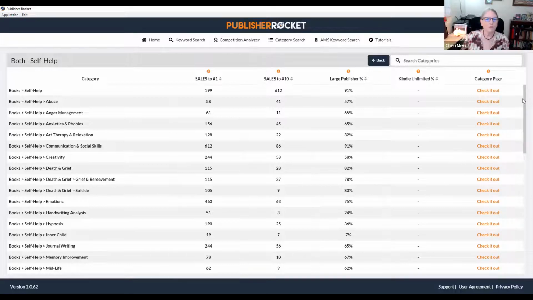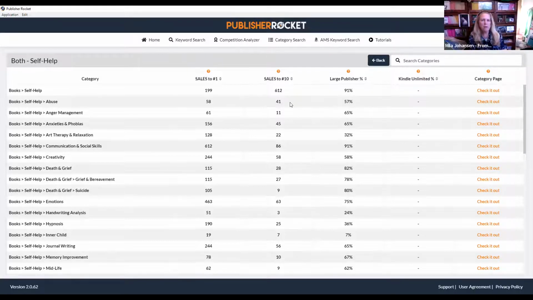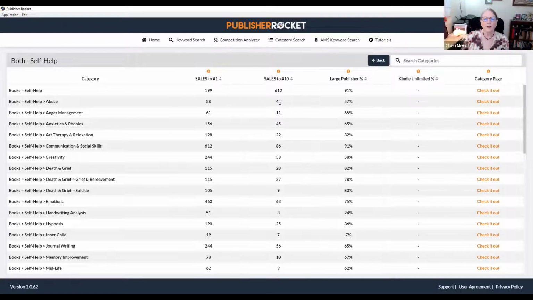Yeah, because there's a lot of abuse. It takes more sales to get to number 10, but fewer to get to number 1. If you were to put it in that category, you're only competing against 57% large publishers. Let's see what we find.